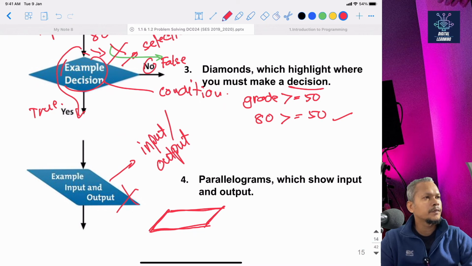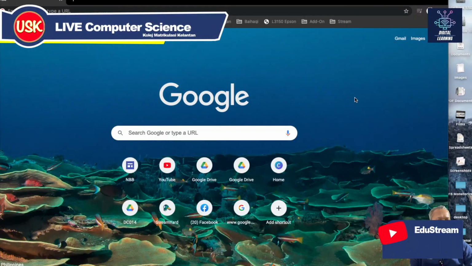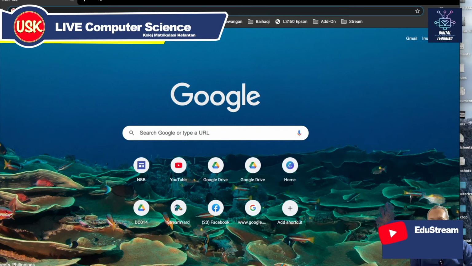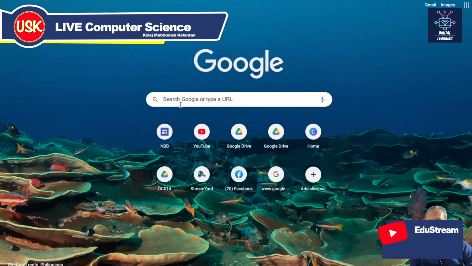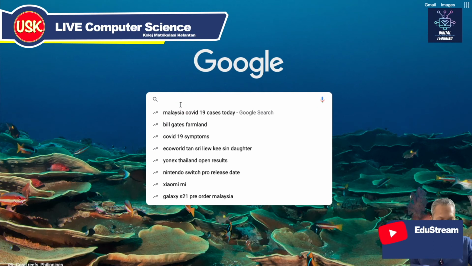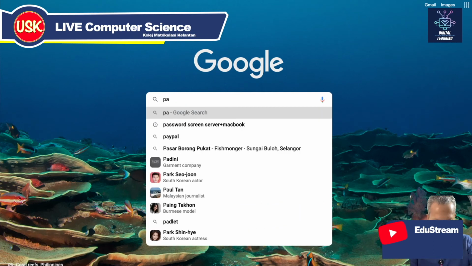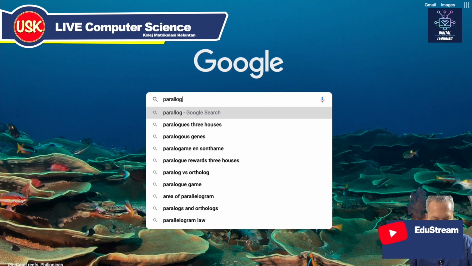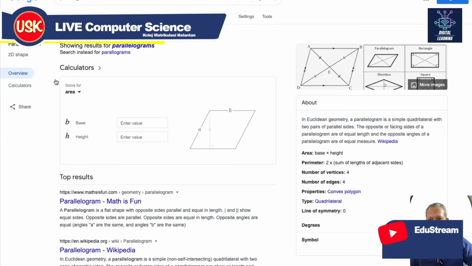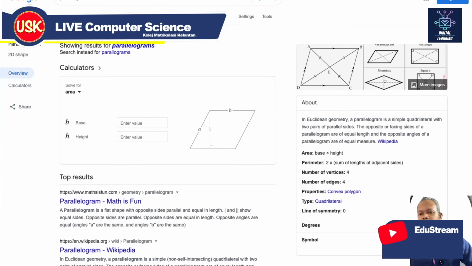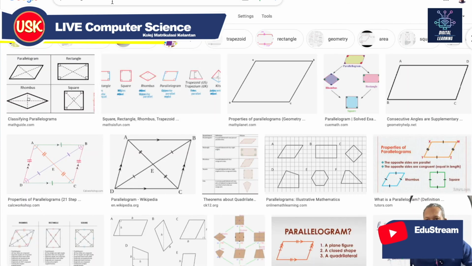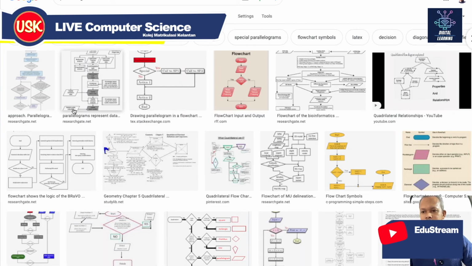All right, so here we find parallelogram. Look at this parallelogram in flowchart programming. Okay, this is a parallelogram.